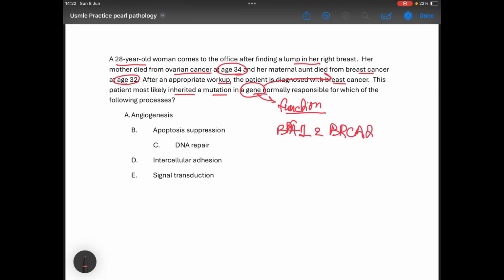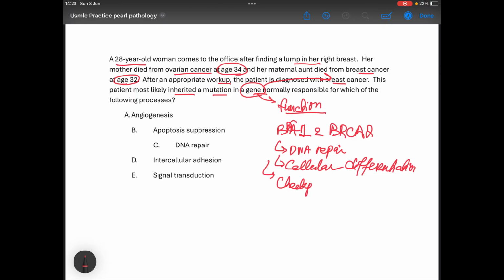These tumor suppressor genes are involved in multiple processes, including DNA repair, cellular differentiation, checkpoint control of the cell cycle, and transcription factor regulation.